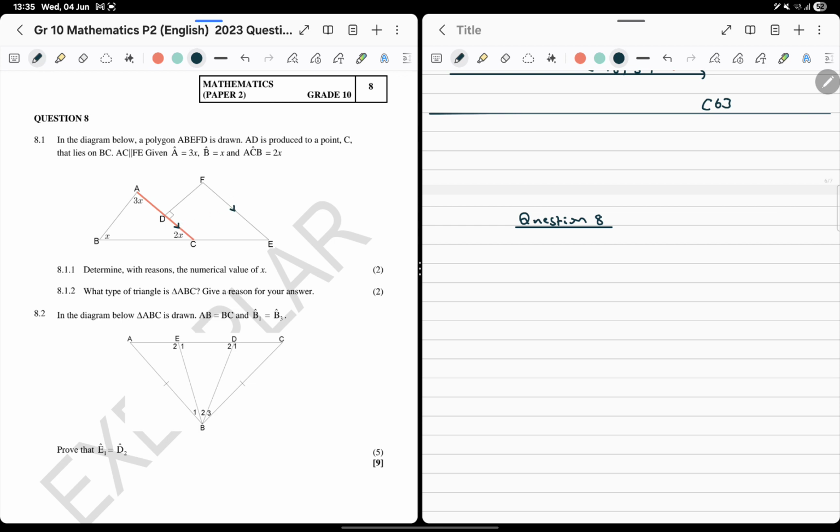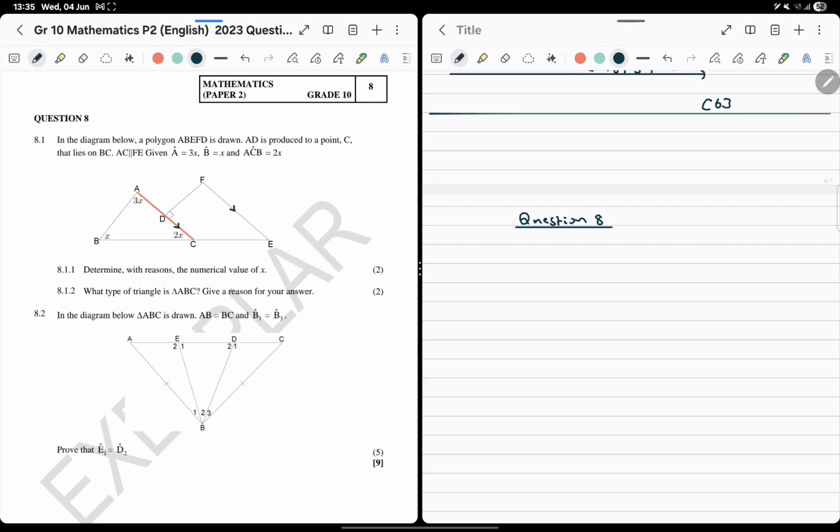That's a straight line, to suggest that there's no angulation from that point D to C, from AD. Now, AC is parallel to FE, so that's indicated. Given A is 3x, also indicated. B is x, indicated, and ACB is 2x, indicated.